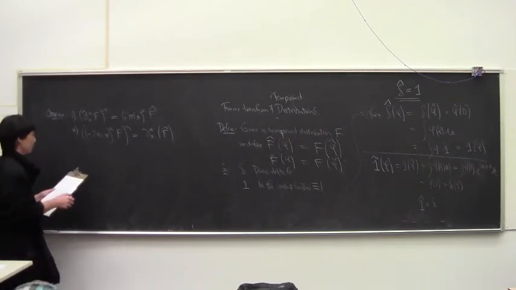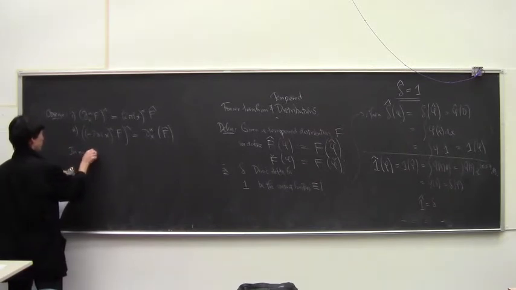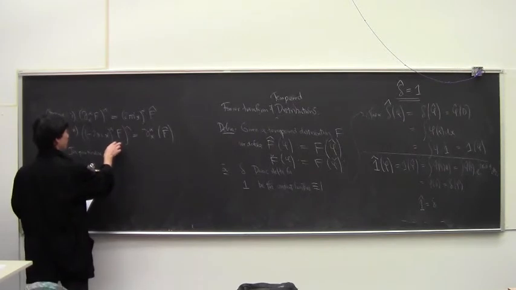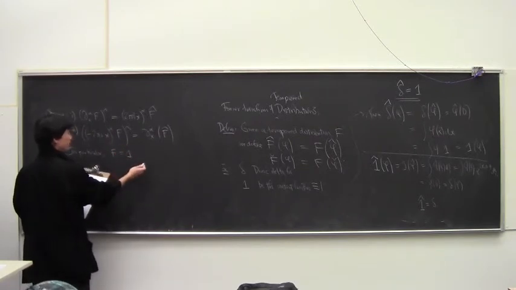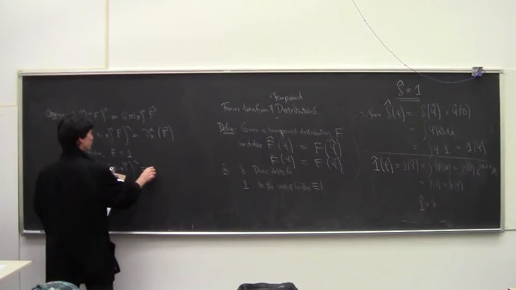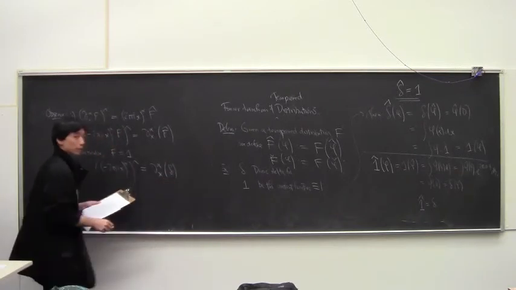Okay, so in particular, if we let f be the constant function 1, this says that the Fourier transform of x to the alpha is going to be d alpha of the delta.